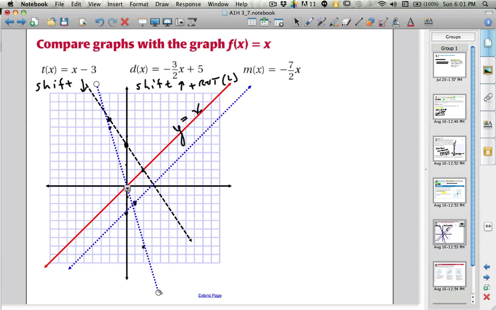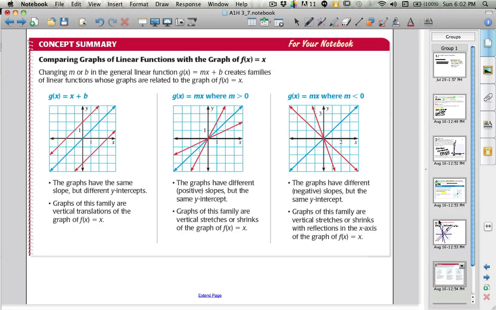About there. And you can see it hasn't been shifted up or down. This one has just been rotated to the left. Now you could look at it as rotated to the right as well. When I think of going from positive slope to negative slope, I happen to think of it as rotating to the left. Okay, that doesn't make me right.